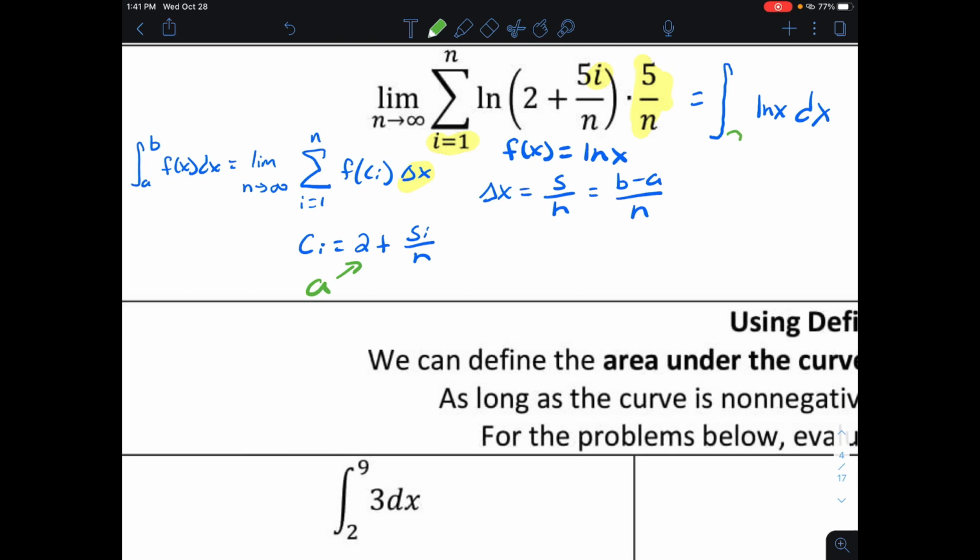So that 2 is a. And b, so if I know that a is 2, I have 5 over n is equal to b minus 2 over n, which means that b has to be 7. So there is the definite integral represented by that limit.